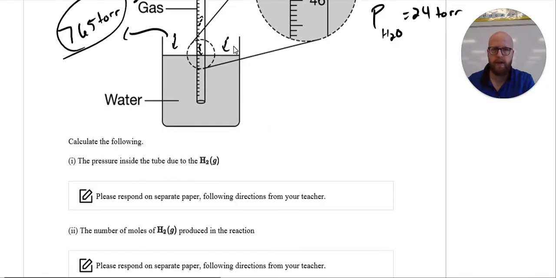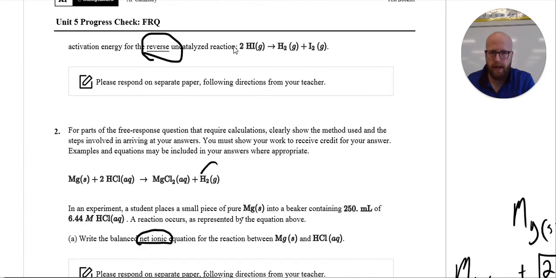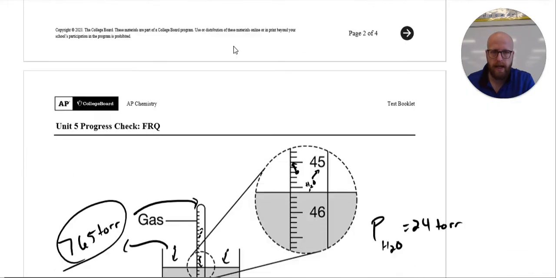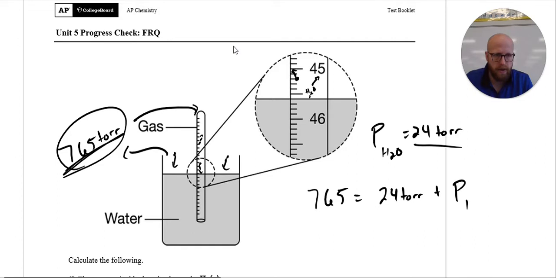If we look back at our reaction, some of that pressure is due to the H2 gas, and now some of that pressure is due to the water particles. Well, if 24 torr of it is due to water, and my total pressure is 765, I can find out: 765 is equal to 24 torr plus the pressure due to H2.